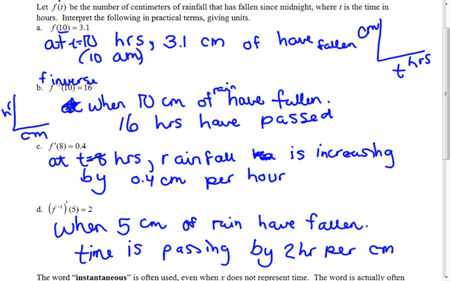So the wording's kind of rough there. Again, if you could think of a better way of saying that, let me know. So when 5 centimeters of rain have fallen, time is passing by 2 hours per centimeter.